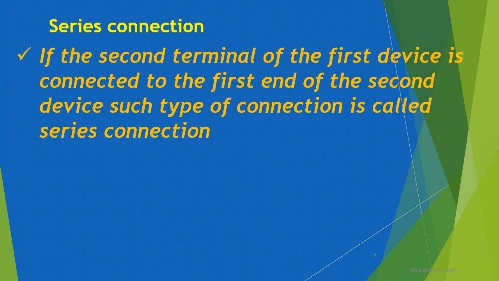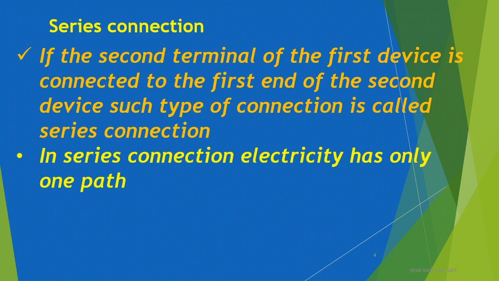That means if the second terminal of the first device, that means the first bulb, is connected to the first end of the second device, the second bulb, like that the connections will carry on continuously to all the bulbs. That connection is called a series connection. Okay Nana? Now what will be there?